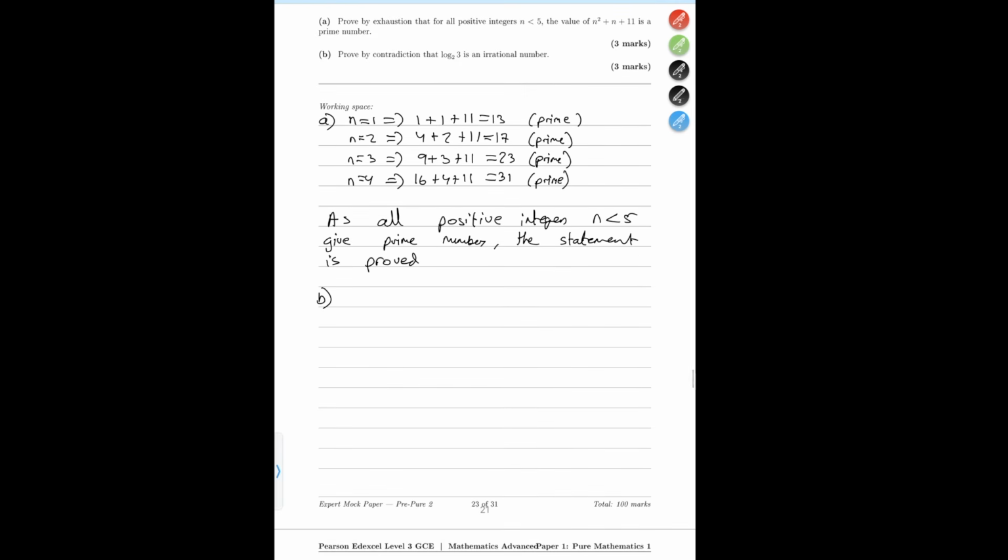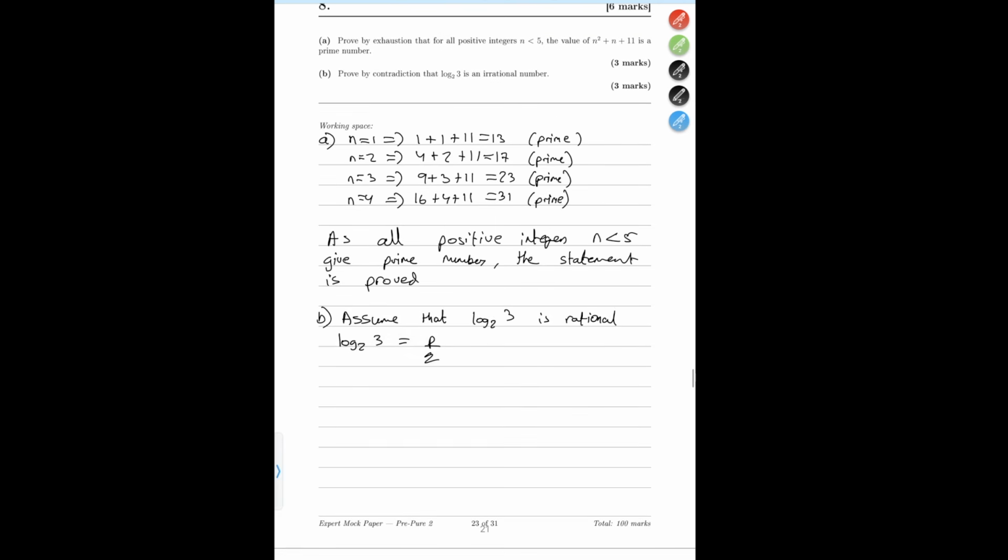So our first step with the contradiction proof is assume that log 2 of 3 is rational. Okay, so log 2 of 3 equals p over q, where p and q are integers and have no common factors.